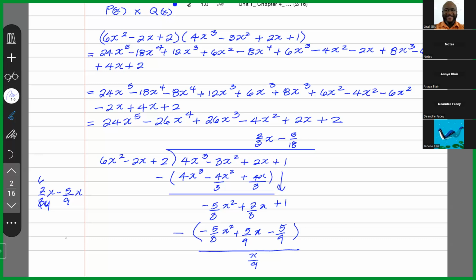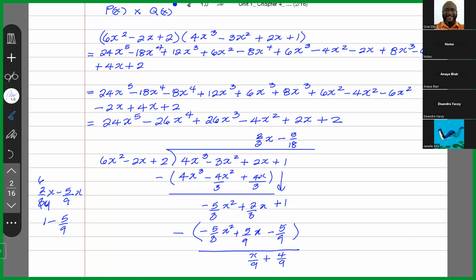And 1 minus 5 over 9 is actually 4 over 9. Once in your remainder there's no term in x squared, essentially your division is finished.